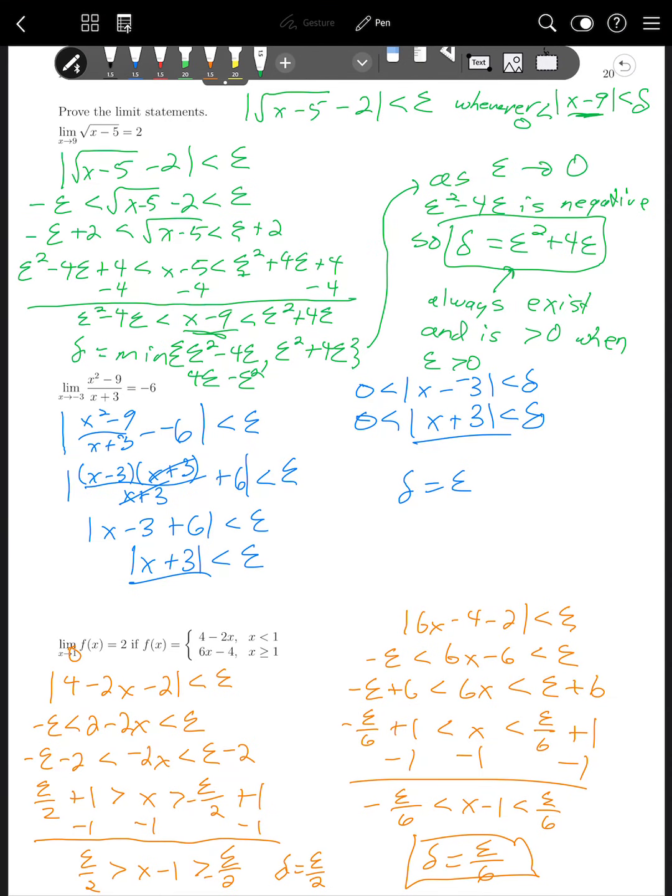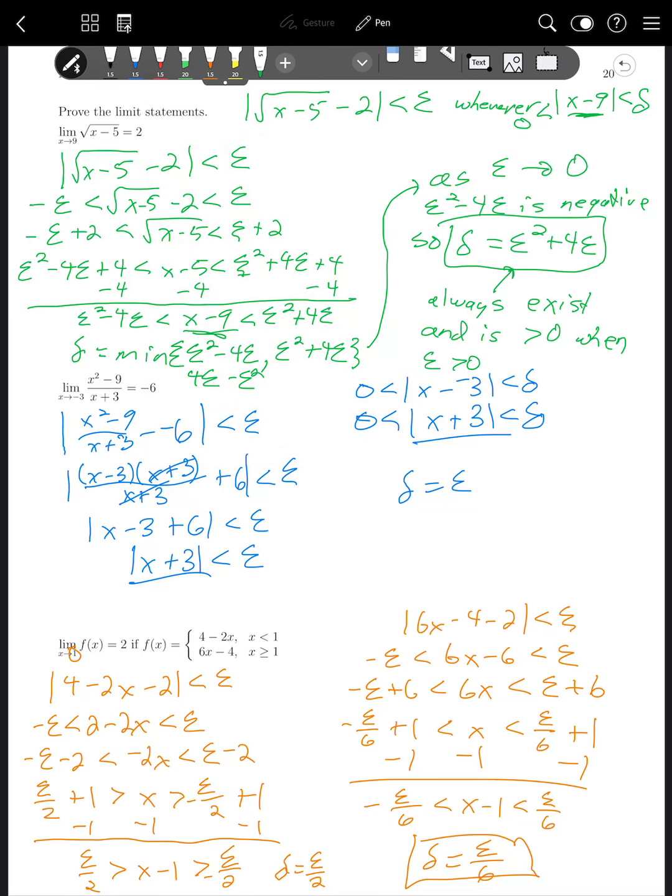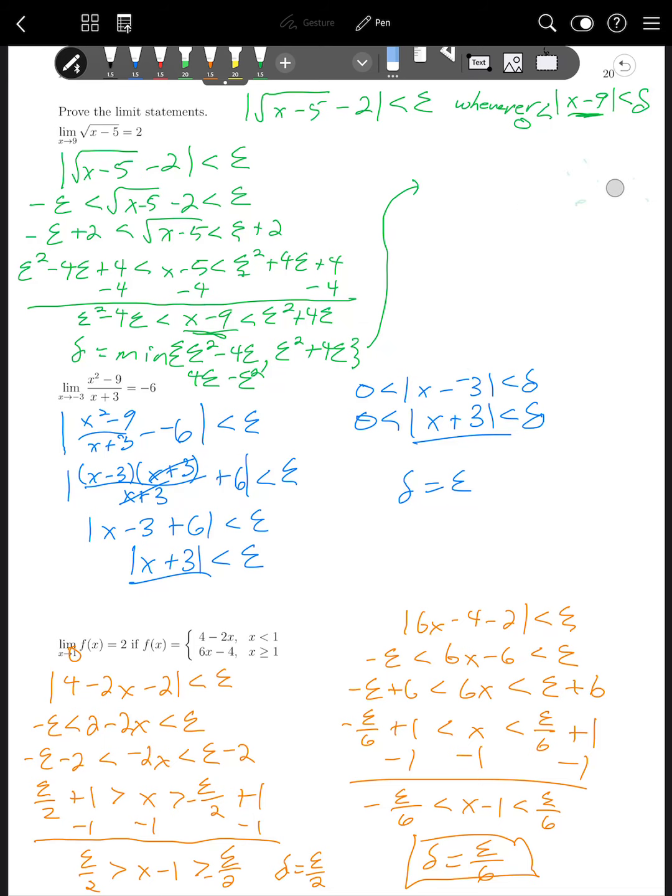So in this case, my answer here was wrong. I forgot a step, so I'm going to erase this part. So we do the opposite of this. So that one wasn't right. So the one that's actually smaller is 4 epsilon minus epsilon squared. So that's going to be my delta, because this one is smaller.